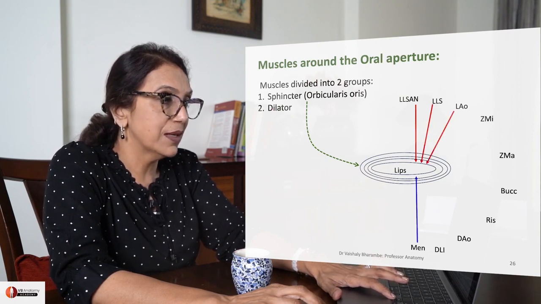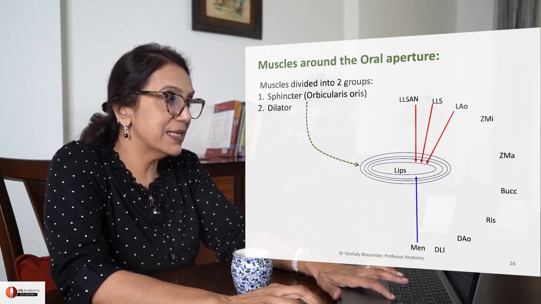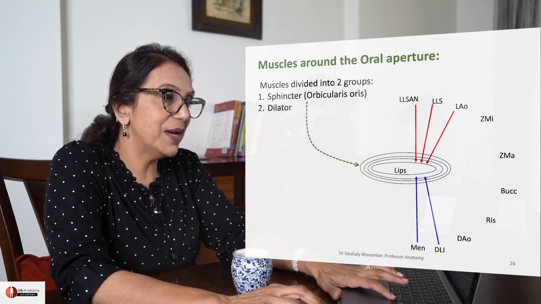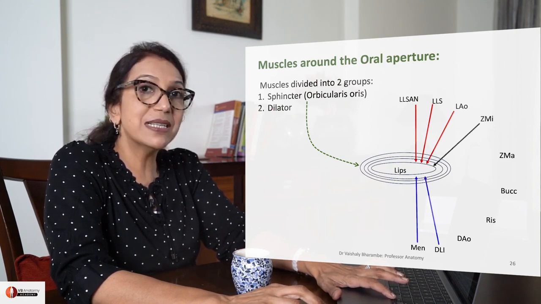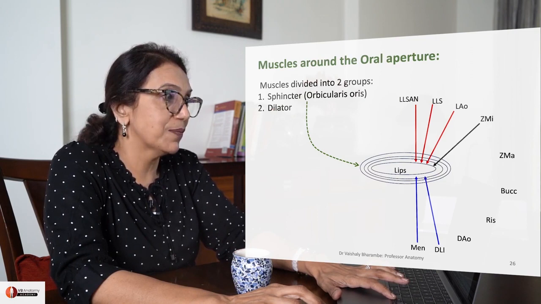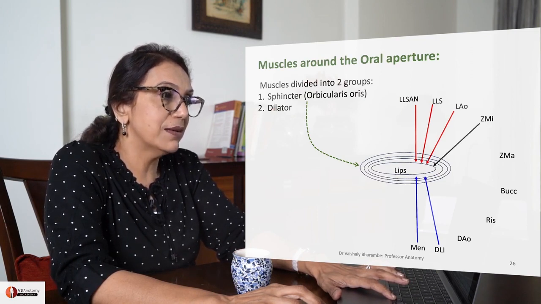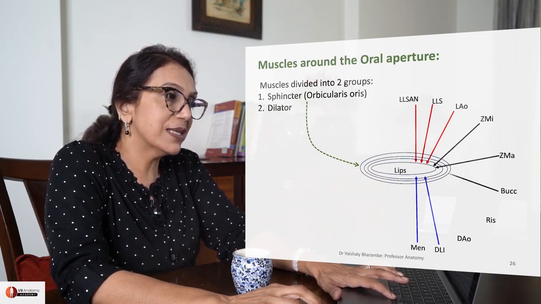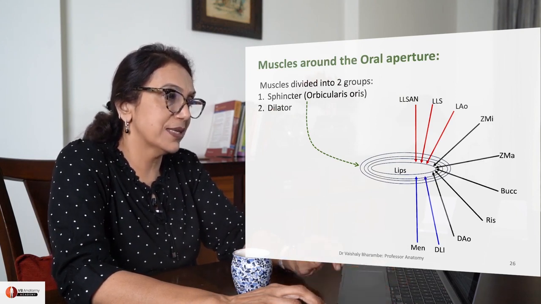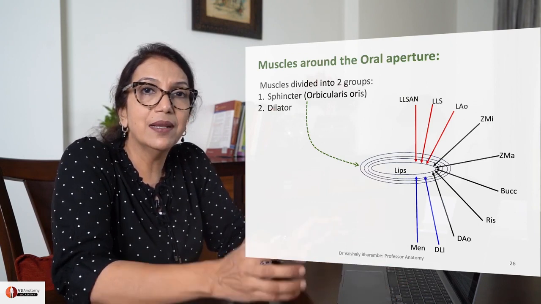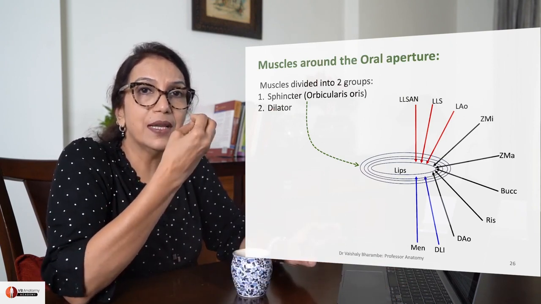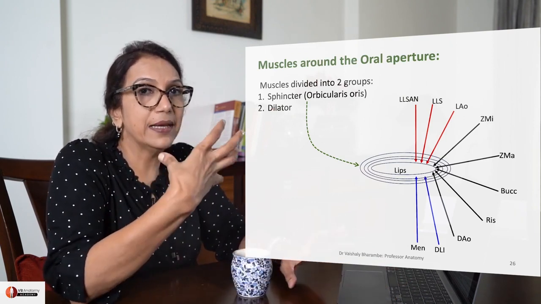From below you have mentalis, depressor labii inferioris. From the side you have five muscles: zygomaticus minor, zygomaticus major, buccinator, risorius and depressor anguli oris. So understand that muscles around your oral cavity are sphincters and dilators.